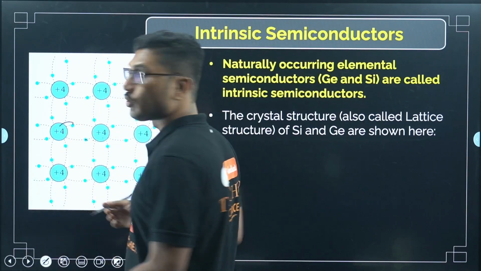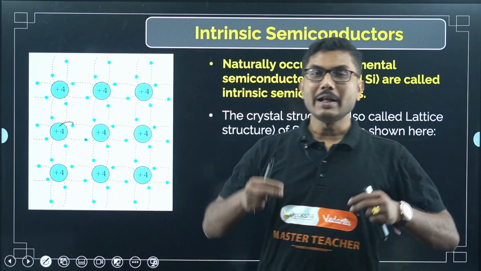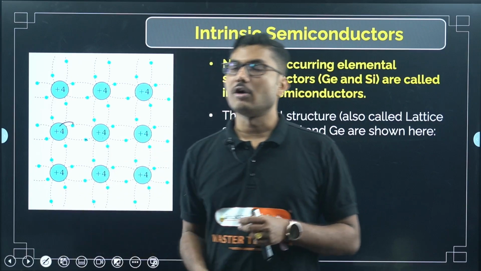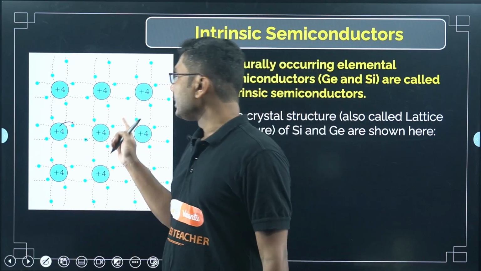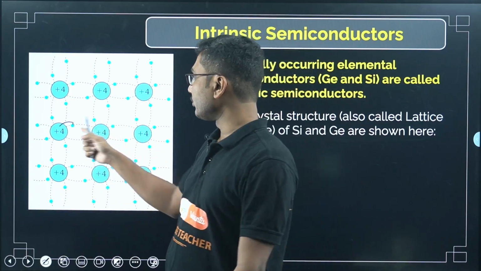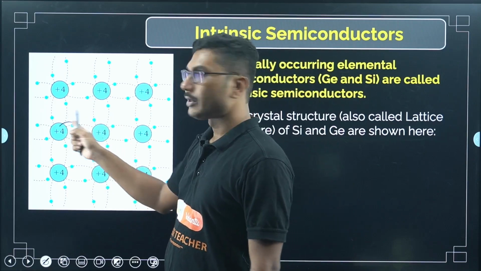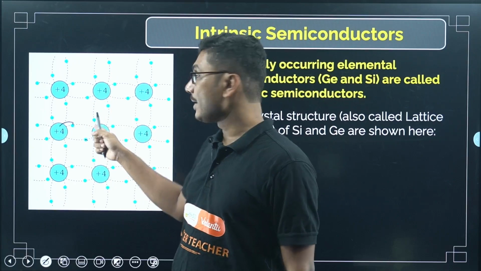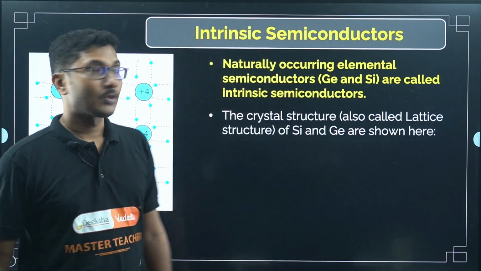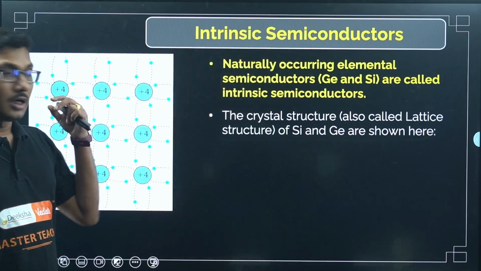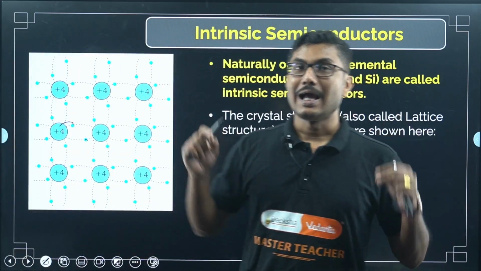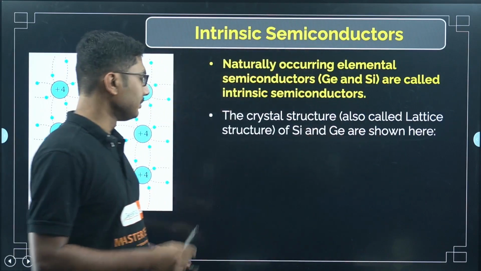We know that a covalent bond is when each atom shares 1 electron with the other. So they form one covalent bond here, another here, another here, and one more here. They are forming 4 covalent bonds with 4 next nearest neighbors.